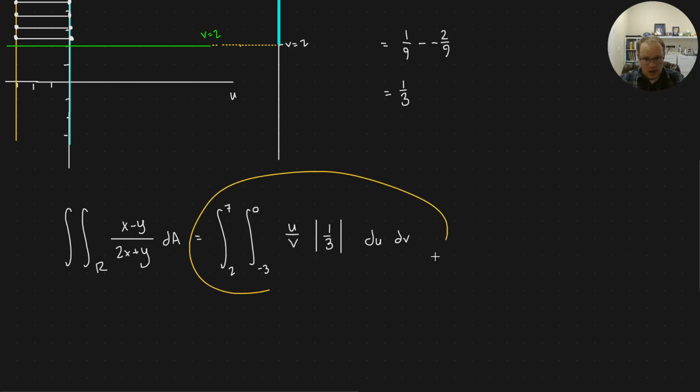That is a much nicer integral to work with and over a much nicer region. As usual, I'll let you actually evaluate the integral, but that is how you set it up.